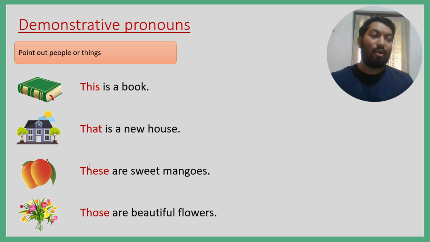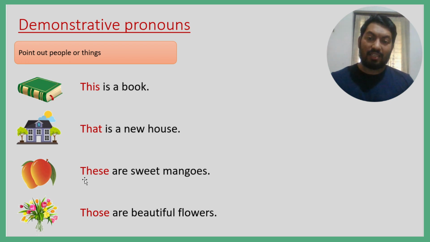That is a new house. That is a demonstrative pronoun. Now what is the difference between this and that? This we use for things or persons that are close to us. That is used to point to things or persons that are far from us.